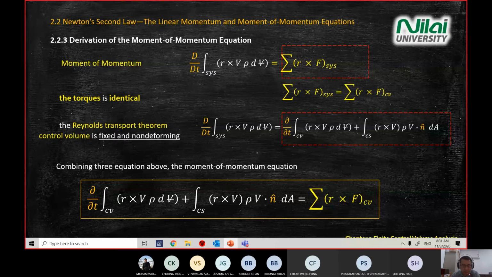It means we cross both sides with r, and then we apply what happens when we have an identical system, which means our system coincides with our control volume, and then we apply the Reynolds transport theorem for a fixed and non-deforming control volume. Then we compare all the equations, we combine them, and we get one equation which is called the moment of momentum equation. So this is how we get this equation.